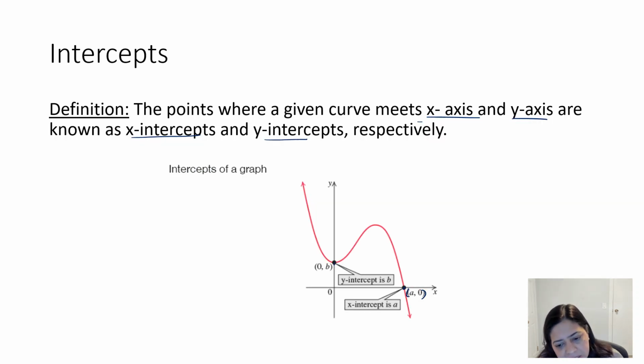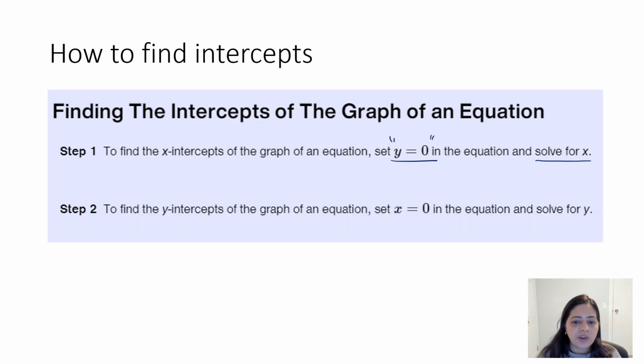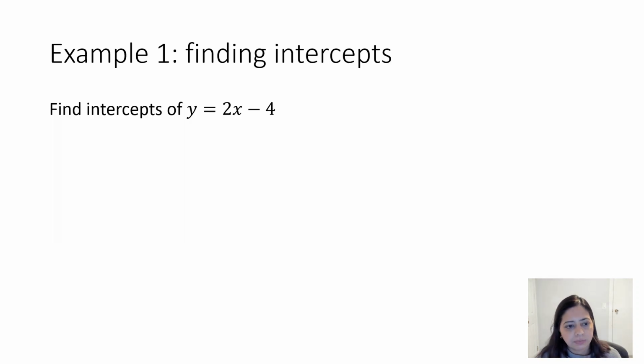Because the x-intercept characteristic is that it's lying on the x-axis and the mathematical equation of the x-axis is y equals to 0. That's the reason. And similarly, to find y-intercept, you have to set x equals to 0. So easy. For finding x-intercept, put y equals 0. For finding y-intercept, set x equals to 0.